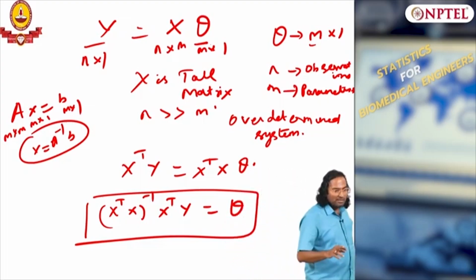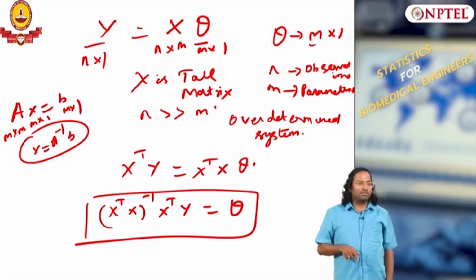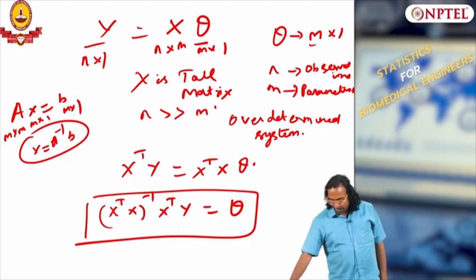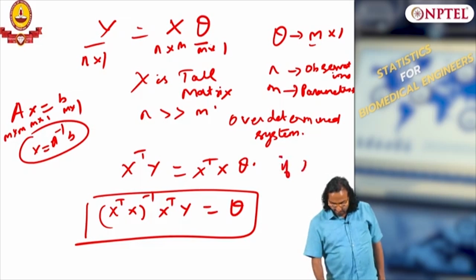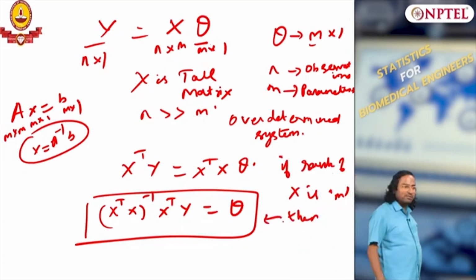Assuming this matrix has rank m, X transpose X is invertible. If the rank of X is m, then X transpose X is invertible, right.